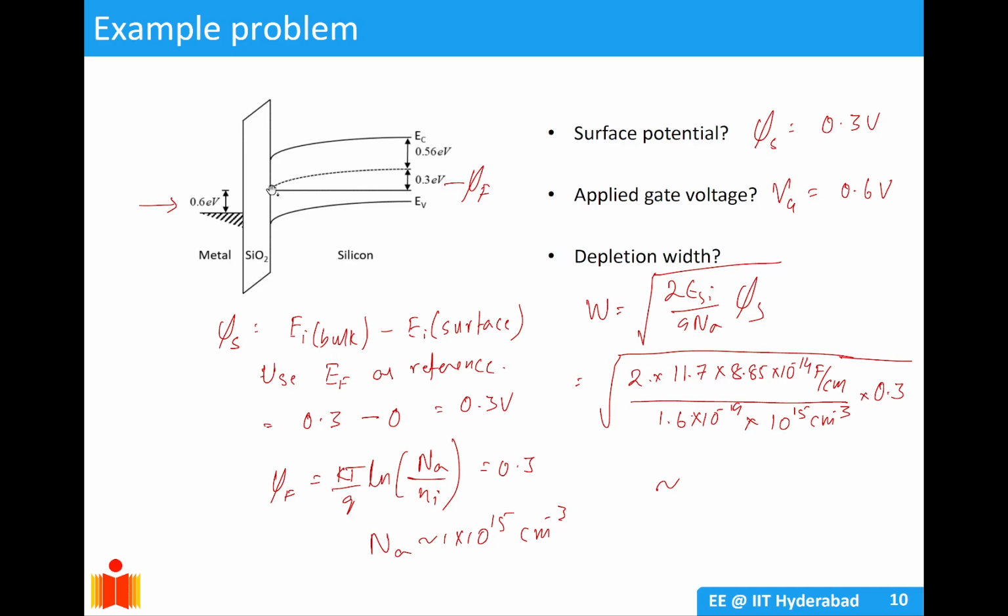So your surface potential will be equal to phi f, and phi f here we know is 0.3 eV. So my surface potential is equal to 0.3 eV. Applied gate voltage: you can see the metal is 0.6 eV below my Fermi level, so my applied gate voltage will be equal to 0.6 volts.